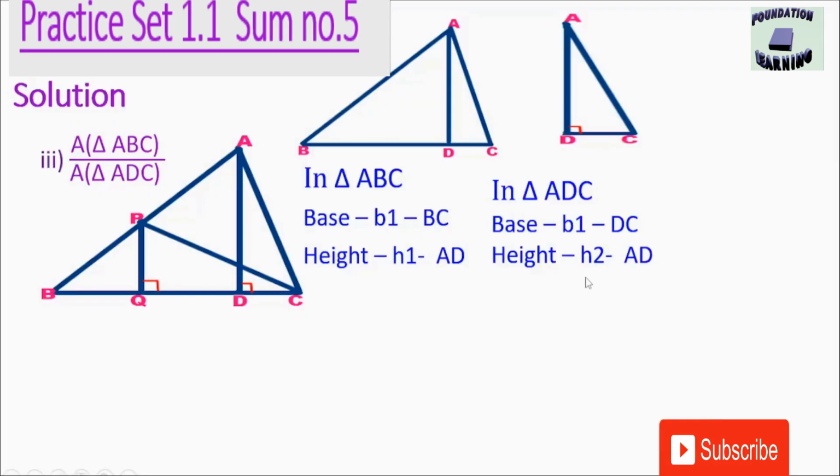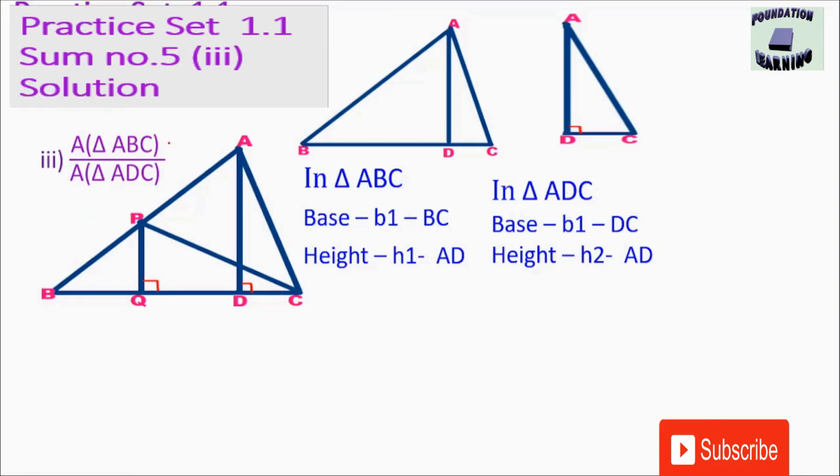Now let's take the third part of the fourth question. Here we have to find area of triangle ABC upon area of triangle ADC. Now where is ABC? ABC is the bigger one. And ADC is this right angle triangle. So what is common?